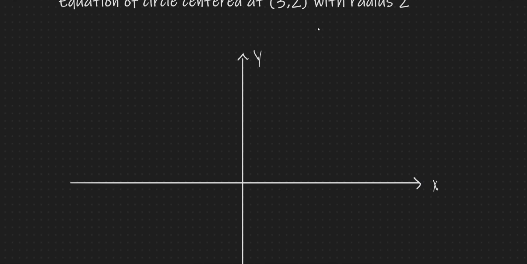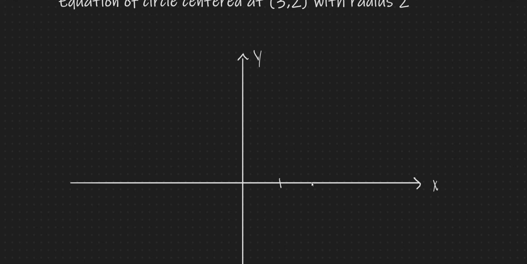Maybe you've encountered in a geometry class or in a Calc 1 class, or a pre-calculus class even, something like this. Find an equation of a circle centered at 3, 2 with radius 2. So one thing I'll do to start this is just draw what that circle looks like. You know what, I'm going to actually extend this. I wanted this to be a little bit bigger.